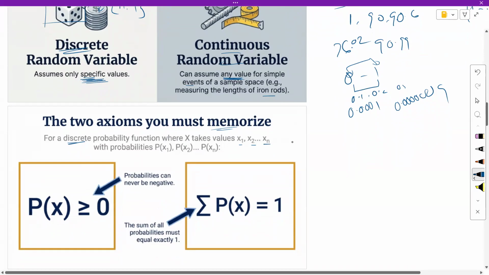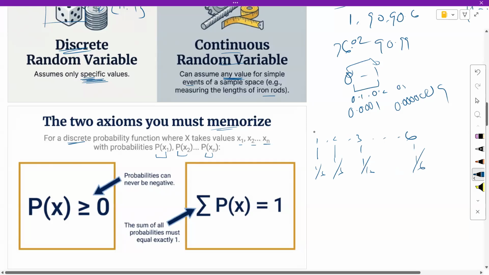So like when we throw a six-face die, it may take 1, 2, 3, right up to 6, with the probabilities, probability of x1, probability of x2, probability of xn, right? Here, what's the probability of getting score 1? 1 over 6. What's the probability of getting 2? 1 over 6. 1 over 6. Like that.